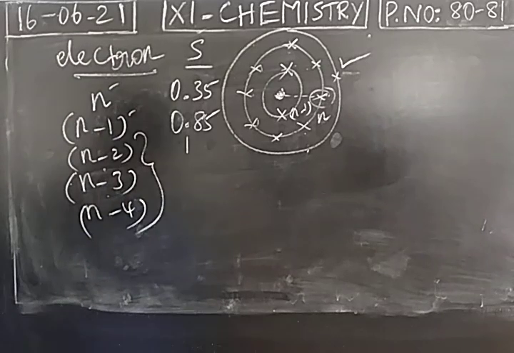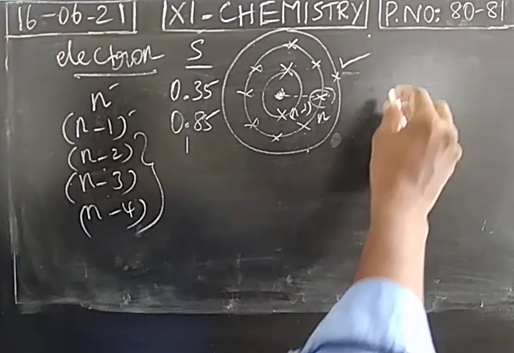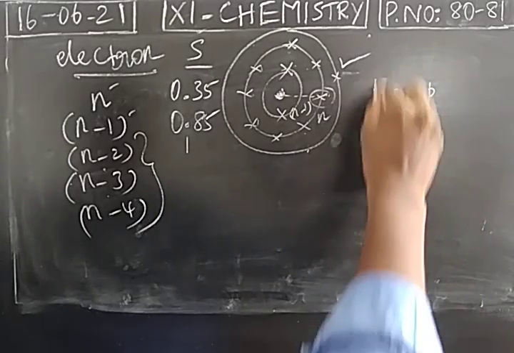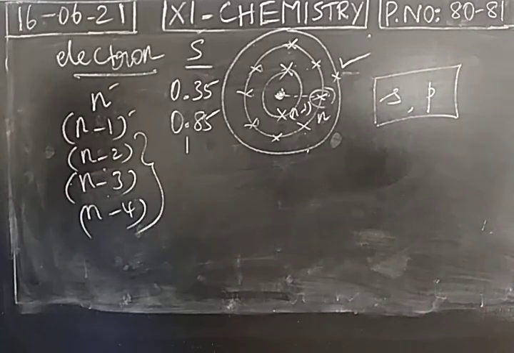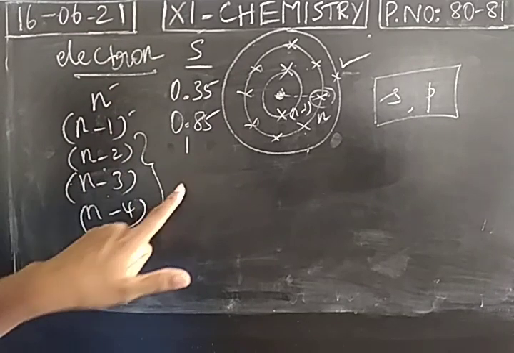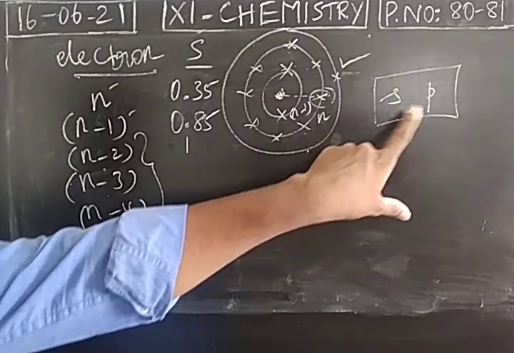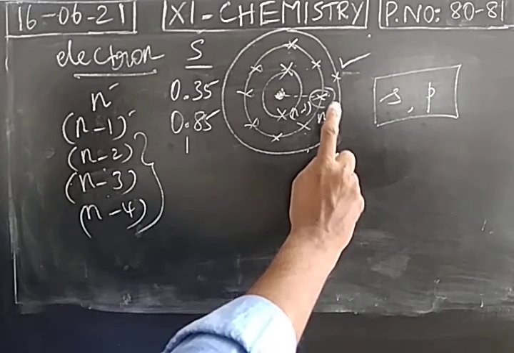This is applicable for selecting an S electron and P electron only. Remember these values: 0.35, 0.85 and 1. These are all the values applicable for an electron present in the S and P orbital. Here I am selecting what electron?